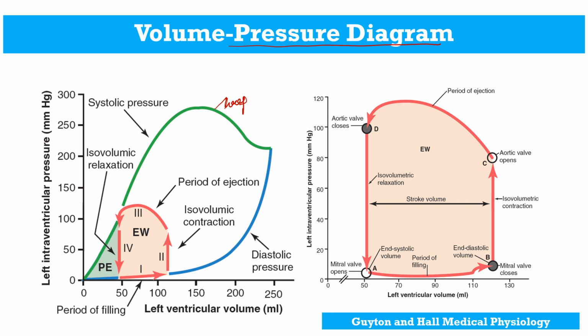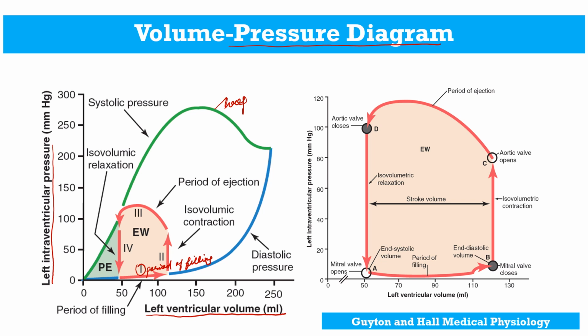The phase 1 is period of filling. During this phase, the diastolic pressure, this is the intraventricular pressure, and this is left ventricular volume.